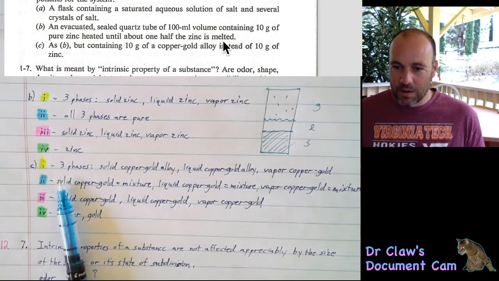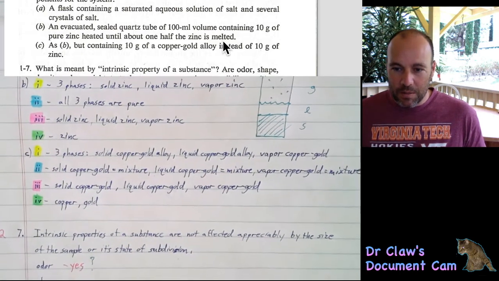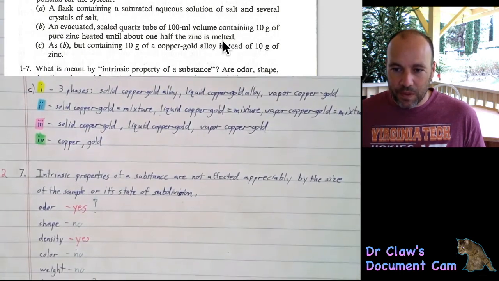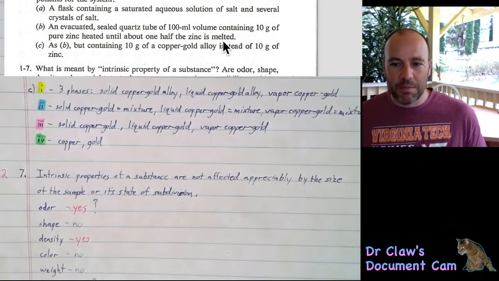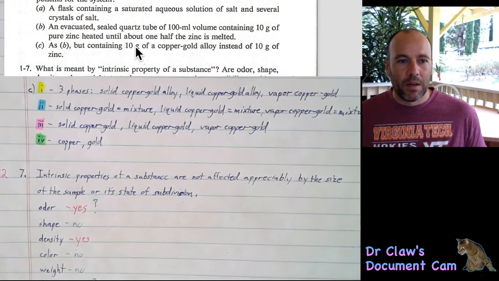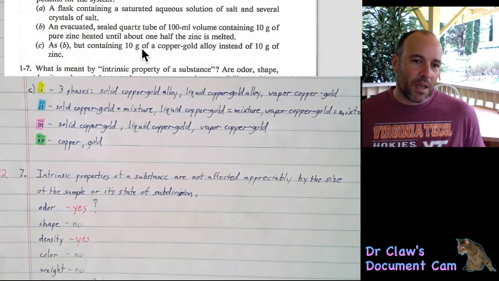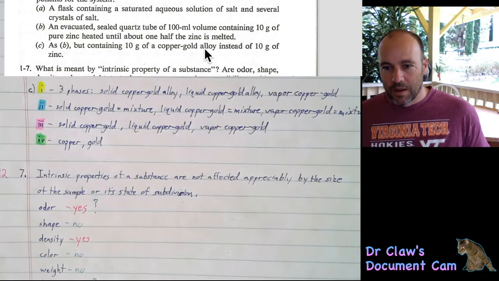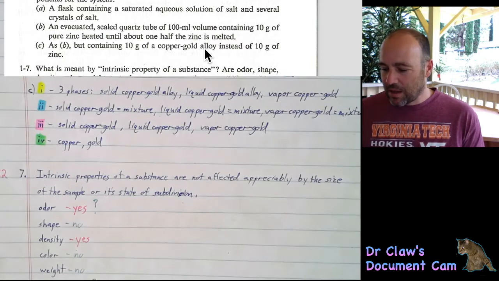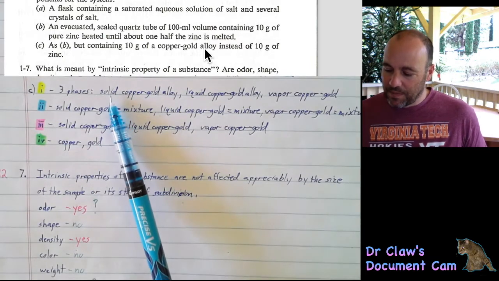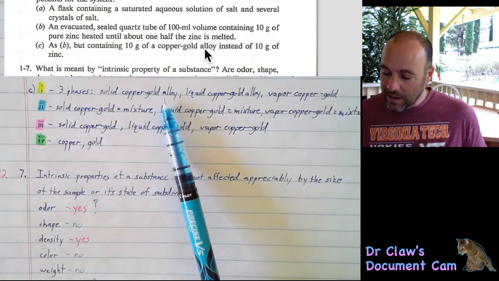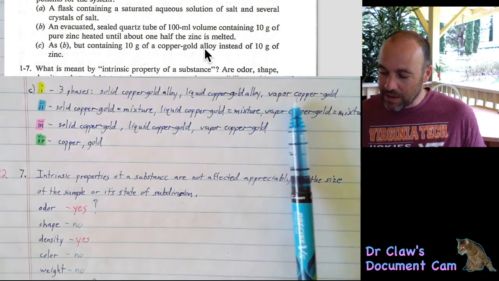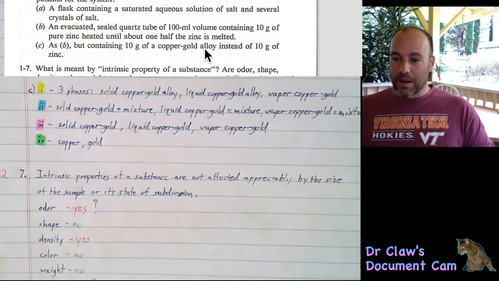So the last one in this problem is basically the same as B, but instead of just zinc, it's 10 grams of a copper gold alloy. Again, I would think that you would have 3 phases: the solid alloy phase, the liquid alloy phase, and some of it would even be a vapor up there.